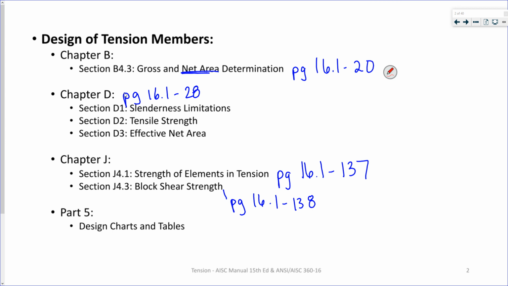That's what chapter J is. And it'll have information on bolts and bolt holes, which is something that we will need in calculating our net effective area.